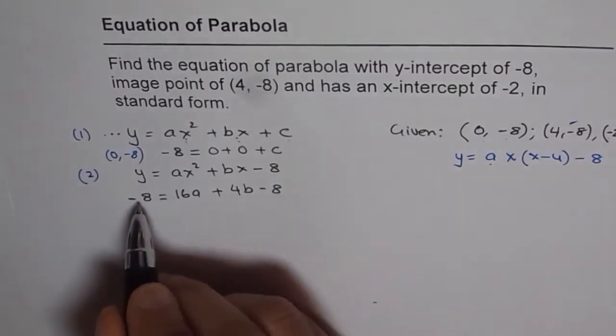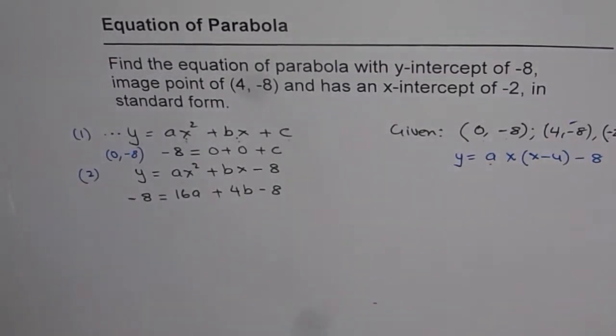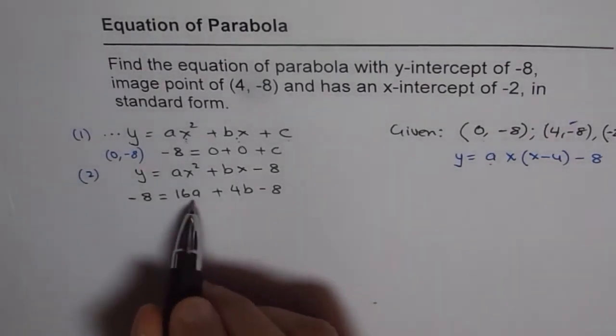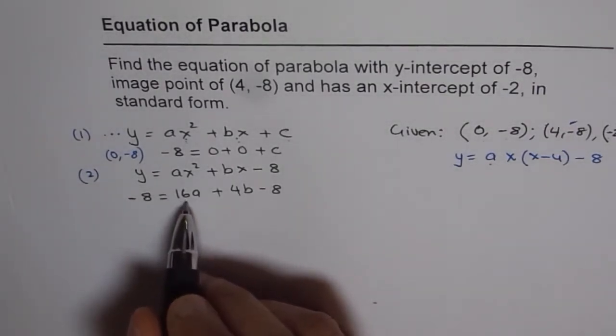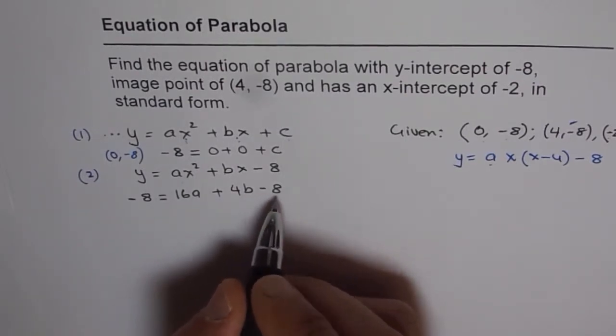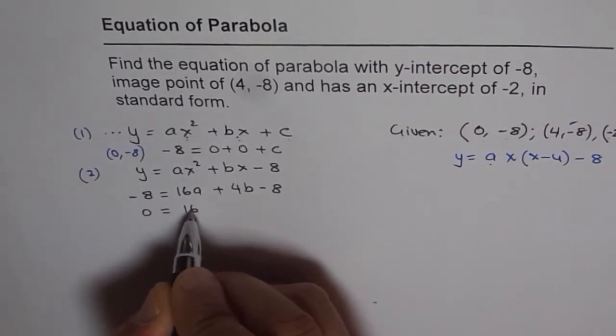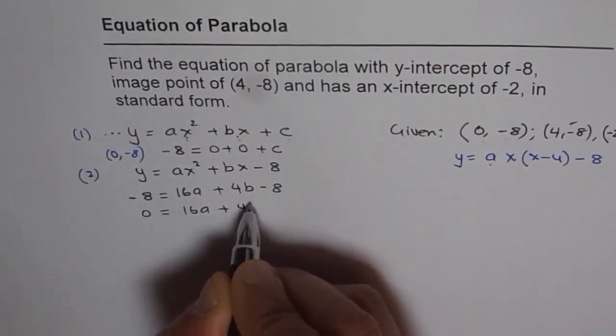Now I can bring these terms to the same side. -8 and 8 becomes 0, right? To simplify this, I can divide by 4 and further simplify it. Let me do it in steps. First, -8 plus 8 is 0. I got 0 equals 16a plus 4b, right?